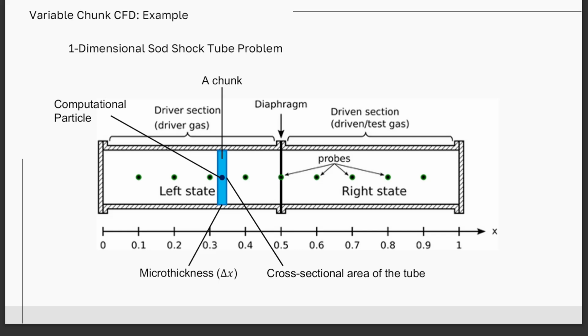Then the computational particle, which represents each chunk, will be placed in a row. Two adjacent particles along a single dimension cannot bypass each other since the electromagnetic force, which represents the interaction between these particles, is inversely proportional to the square of the distance. Therefore, the fluid will not be mixed theoretically.